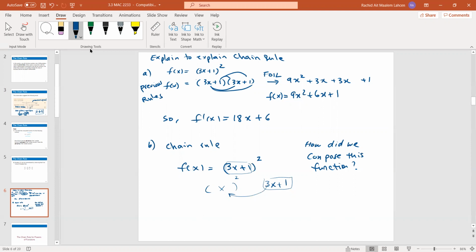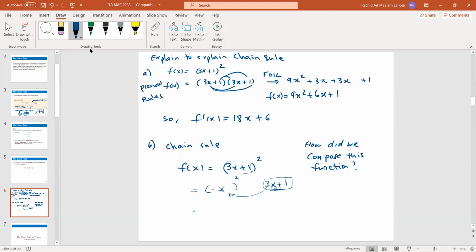So f of x is a function, 3x plus 1, that went inside the x squared function, right? So the g of x is this function, and f of x is this function that's inside, all right? So you do the derivative of this one, and you put this one in it, then you do the derivative of this one. So what does that mean?